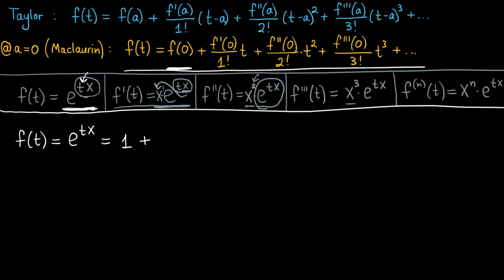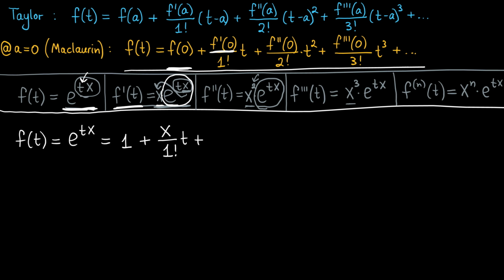Okay, plus f prime evaluated at 0. So when we plug in 0 for t in here, we will get e to the power of 0 for the exponential term, so that's 1 times x. So we'll just have an x left in the numerator over 1 factorial times t.